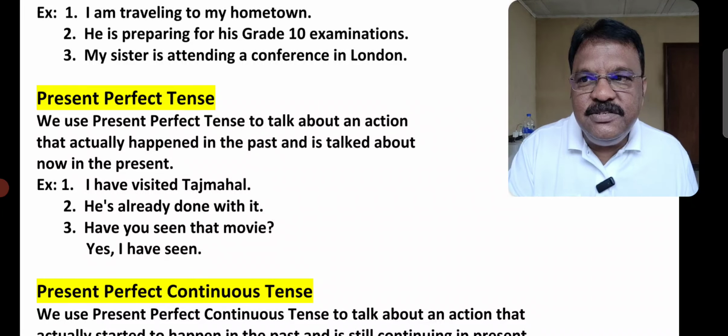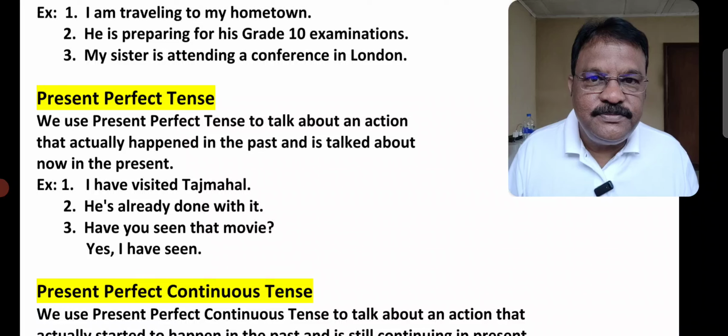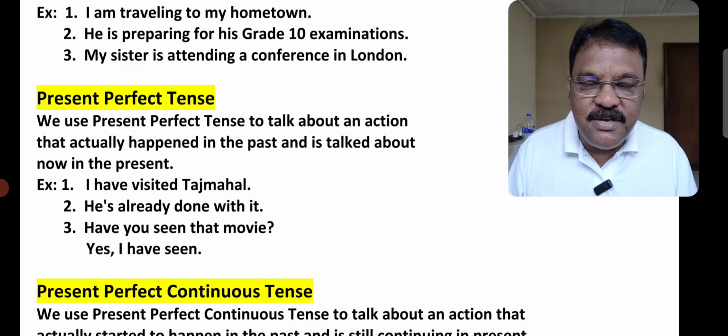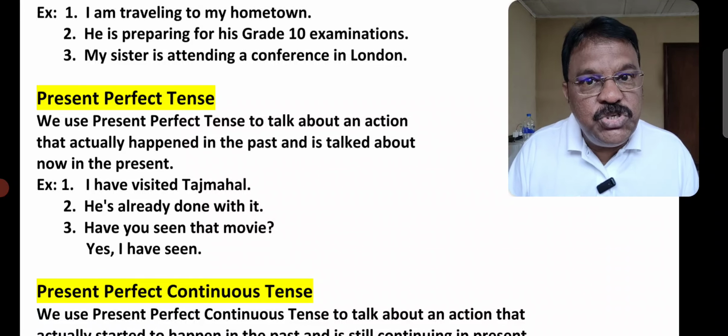So my dear friends, we use present perfect tense to talk about an activity that actually happened in the past and is talked about now in the present. I hope you understand. Very good. Now look at our example number 1. I have visited Taj Mahal.